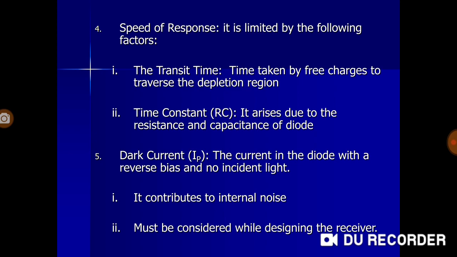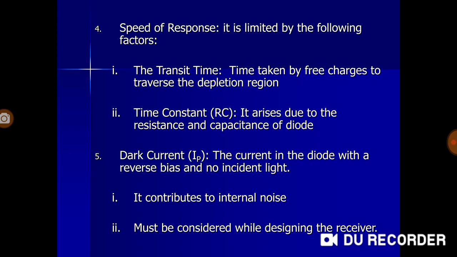It is the same current, but we call it dark current in terms of a photodiode because dark means no light. Normally a photodiode should have an output only when there is incident light, but since it is used in reverse bias, there is a current flowing in spite of no incident light. That is why we call it dark current. The reverse saturation current of a PN junction is simply called the dark current.